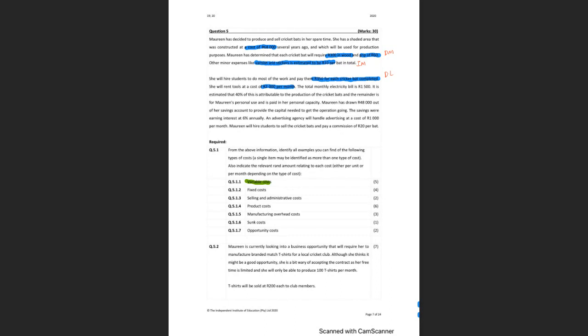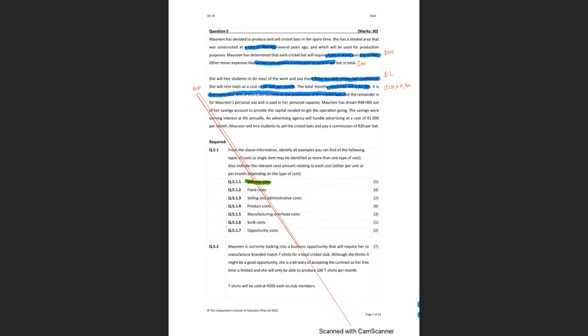The total monthly electricity bill is 1,500, and it's estimated that 40% of this is attributable to the production of the cricket bats, and the remainder is for Maureen's personal use. So basically, for your electricity, it's only going to be the 1,500 times 40%. And these both fall under your manufacturing overheads, and they are both fixed in nature.